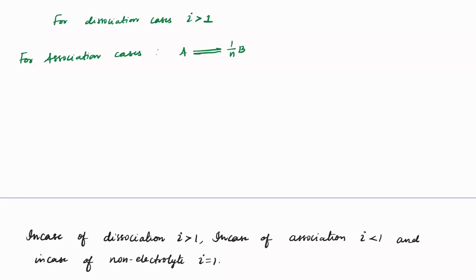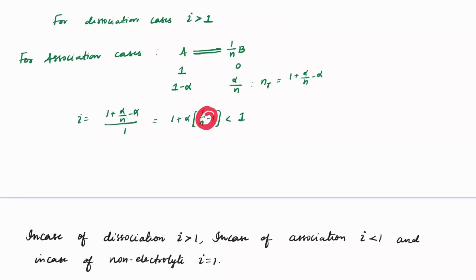So initially, if you have 1 and 0, now you have 1 minus alpha, and this will become alpha by N. So this time the total number of moles will be 1 plus alpha by N minus alpha. Okay. So the I factor this time will be 1 plus alpha by N minus alpha by 1. That is equal to 1 plus alpha into 1 by N minus 1. So this has to be less than 1, because this value will come out to be negative.